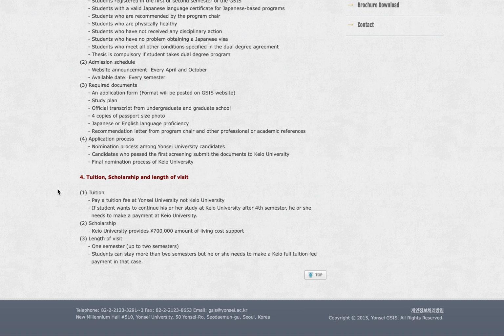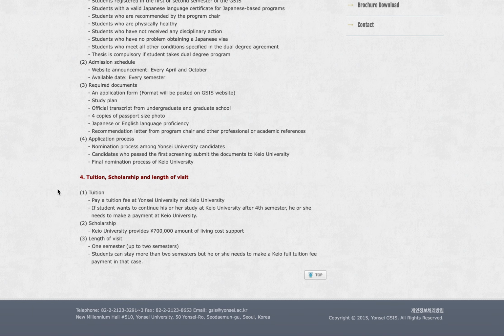As for the scholarship, Keio University provides 700,000 as living cost support. It's yen, not won. Yeah.